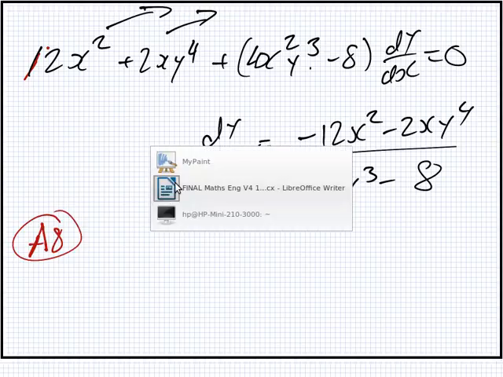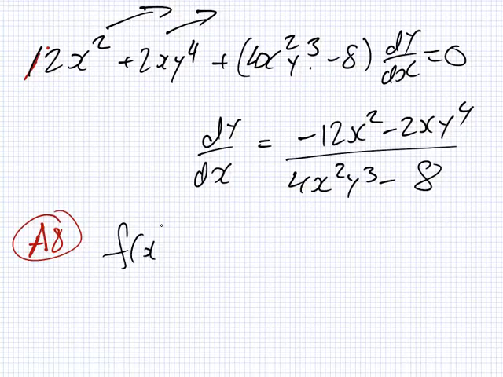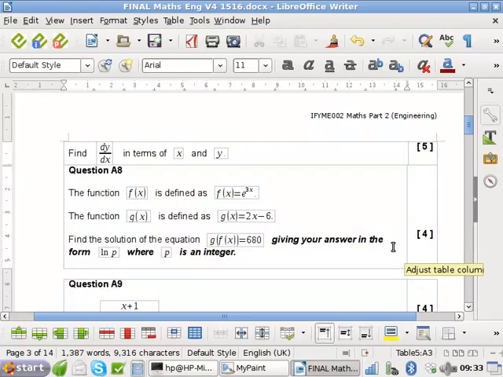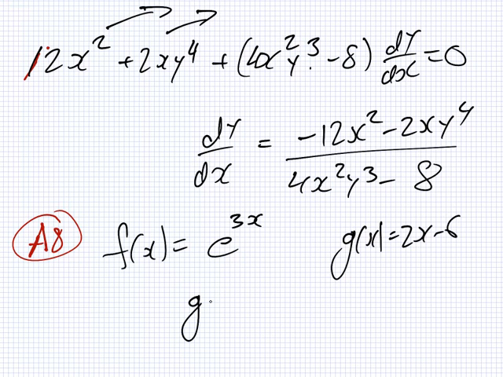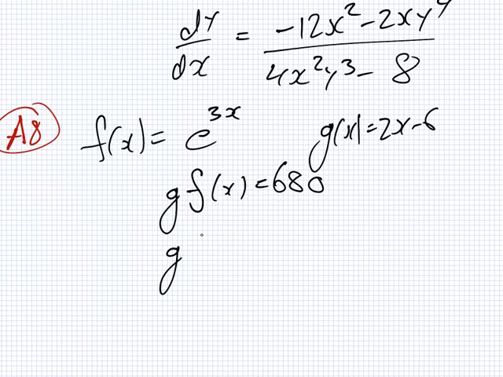Right, 8. The function f(x) is defined as e to the power 3x, and the function g(x) is defined as 2x minus 6. And you want to solve gf(x) equals 680. So we have g of f of x equals 680.